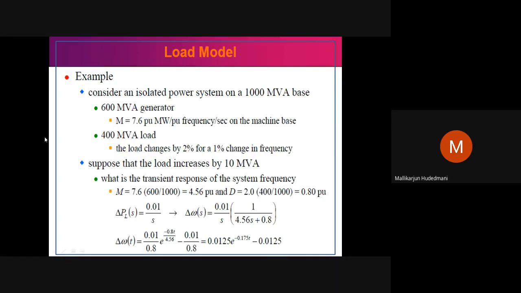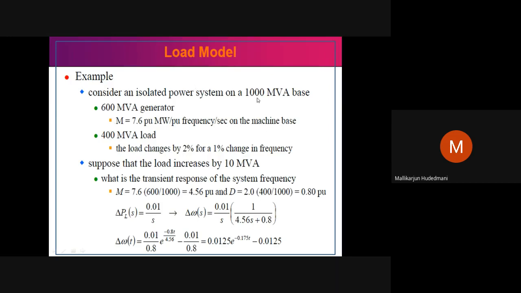One problem I picked in this context: consider an isolated power system on a 1000 base. The base value of the system is 1000. There is a generator of 600 MVA whose inertia constant M is 7.6 pu megawatt per pu frequency, on the machine base of 600.